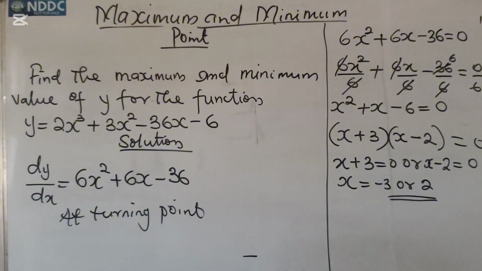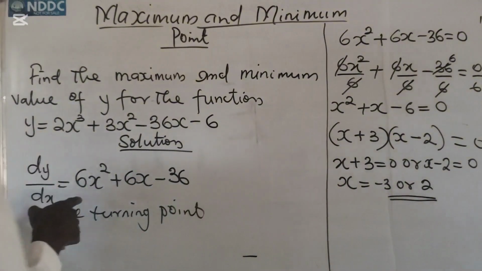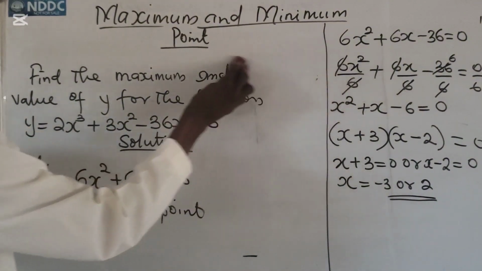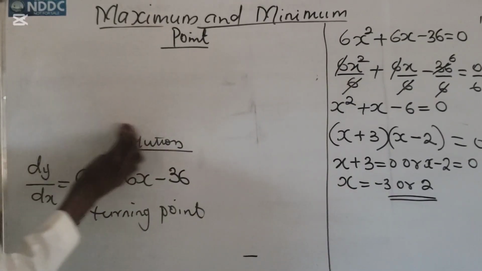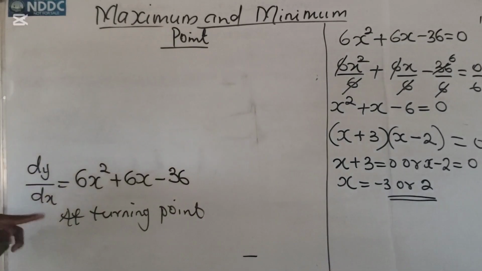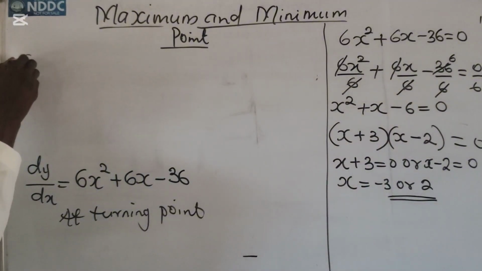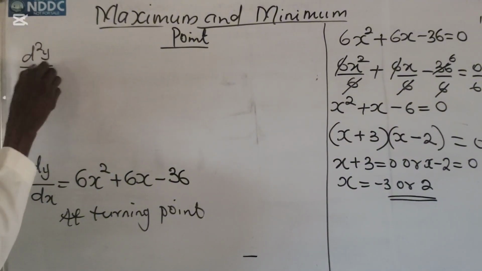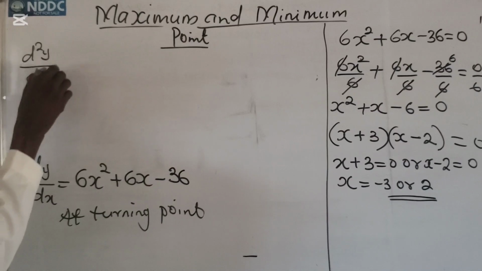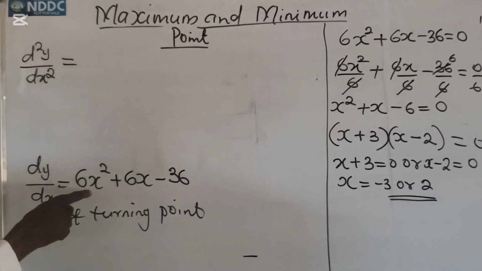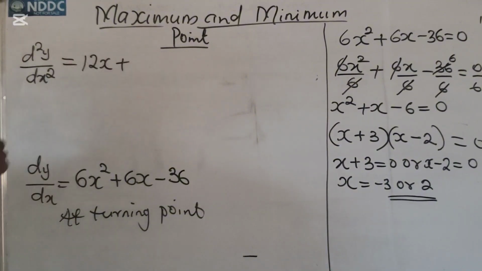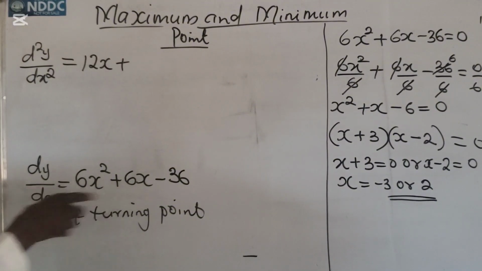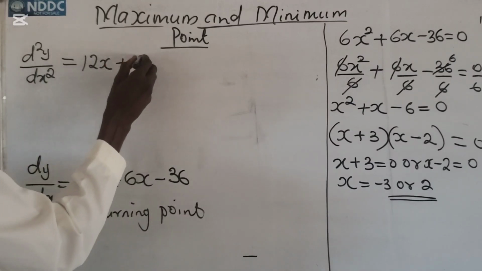So we are going to differentiate again for the second time. Let's find the second derivative from the first derivative. So d squared y over dx squared: when you differentiate 6x squared, it gives us 12x. Plus, when you differentiate 6x, it gives us 6.